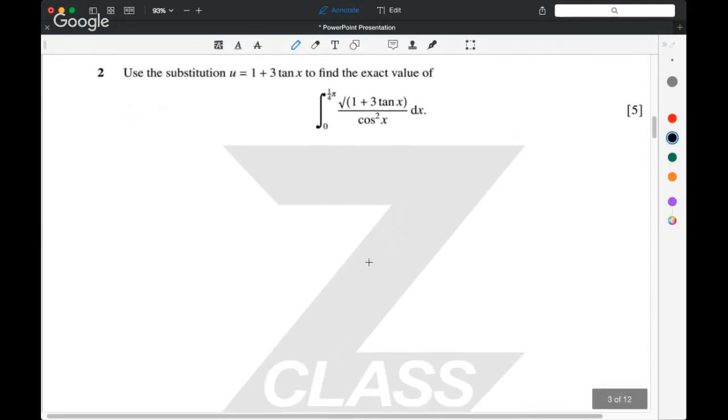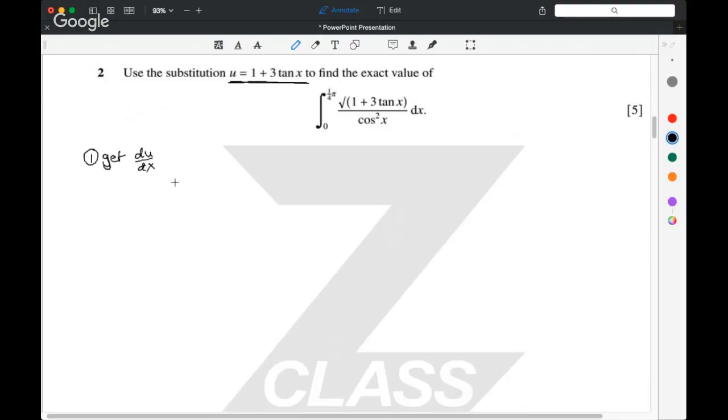Okay, so now this is integration by substitution. They've given us what they want us to substitute in, which is very helpful. Sometimes later on you'll have to guess, and that can be very frustrating if you make a couple of wrong guesses. So stage 1 of these kinds of questions: get du dx.